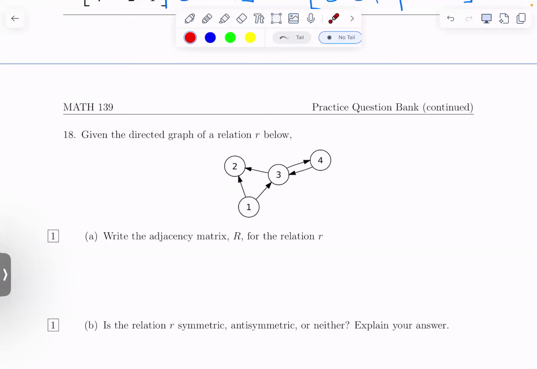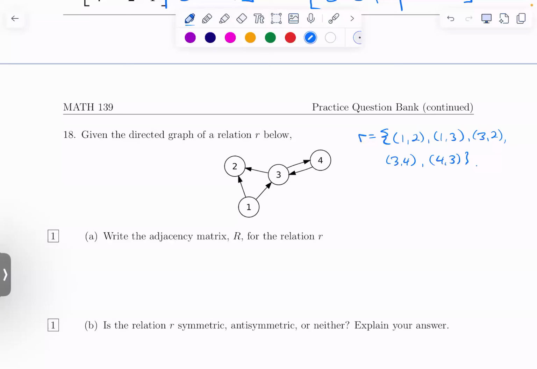I could ask you to look at the graph and write out the relation, which would look like what? Is the set, let's start with the ones. 1 goes to 2 and 1 goes to 3. 3 goes to 2 and 3 goes to 4 and 4 goes to 3. That's boring.